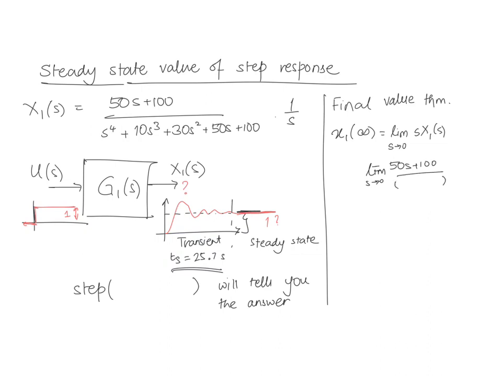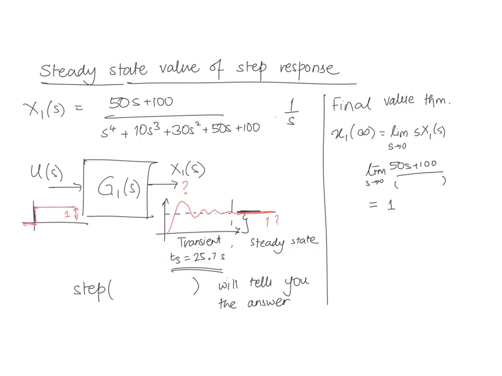You'll see immediately that this limit is easy to work out, and it just works out to 1. So you'll get 100 divided by 100, and this s cancels out because of this s. So this s over here cancels out this s over here, and it's in the limit, so we can cancel it out without worrying about dividing 0 by 0 or anything.